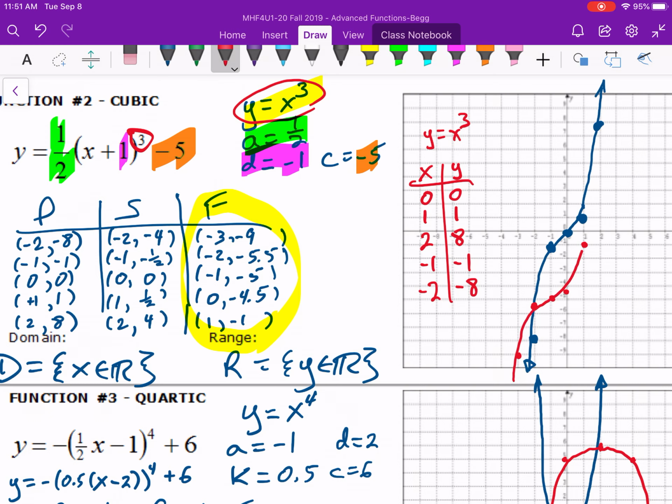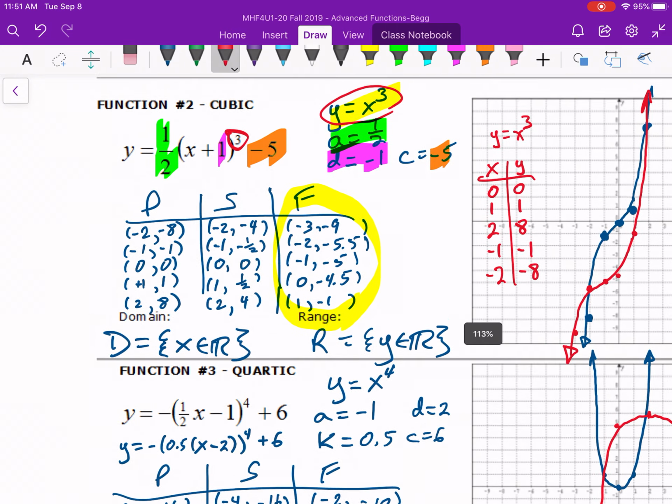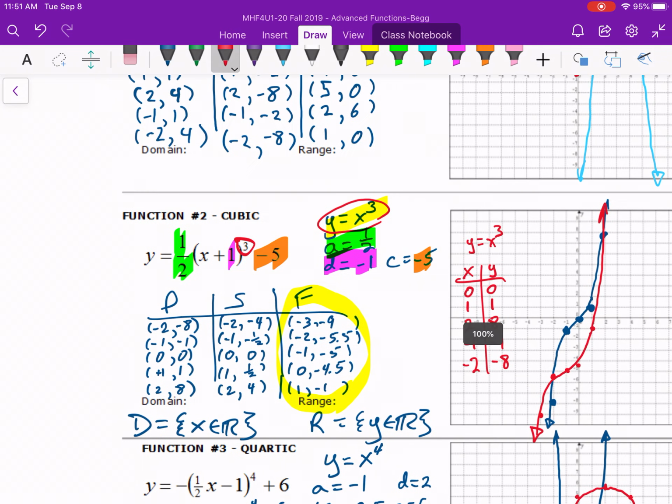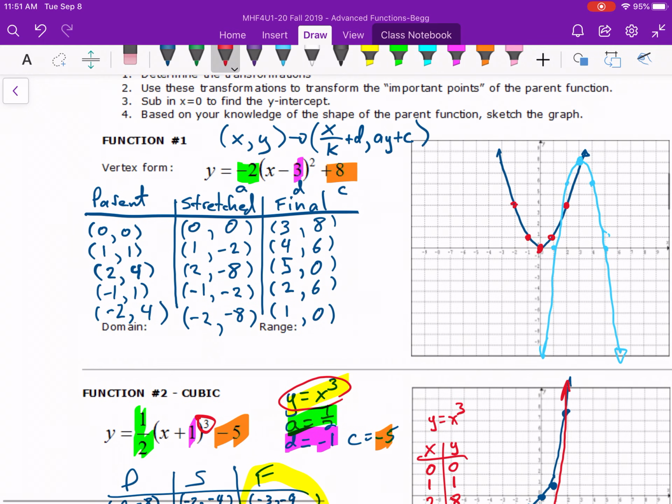So I can use that as a guide and know that if I connect the dots in this way, it's still got the same shape, but it's just been shifted down. It's been shifted to the left. It's been compressed in half. There's my transformation.